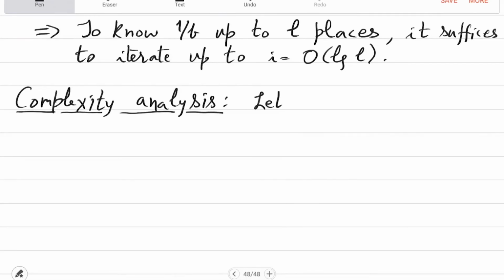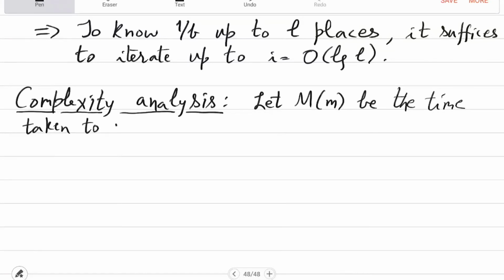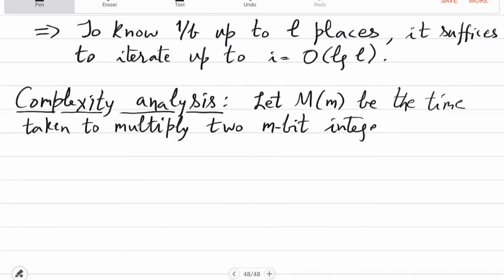So let m of small m be the time taken to multiply two m-bit numbers. So we are not fixing the fast integer multiplication algorithm.